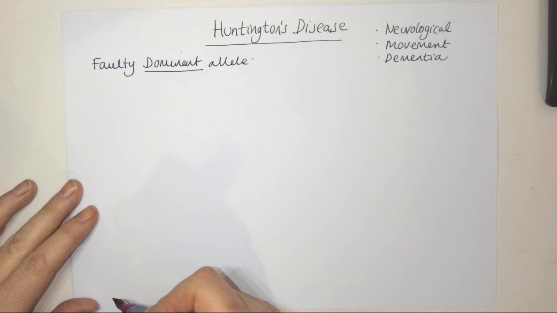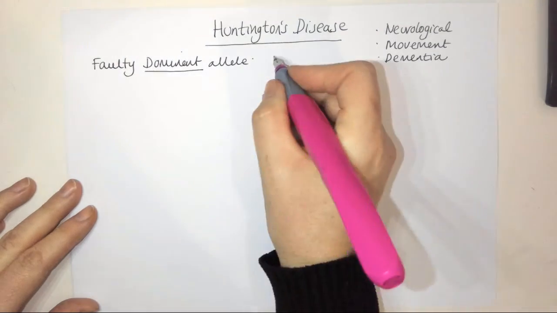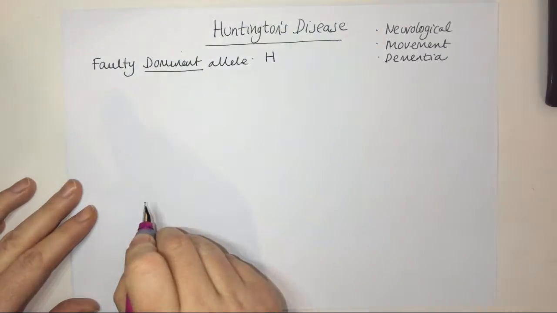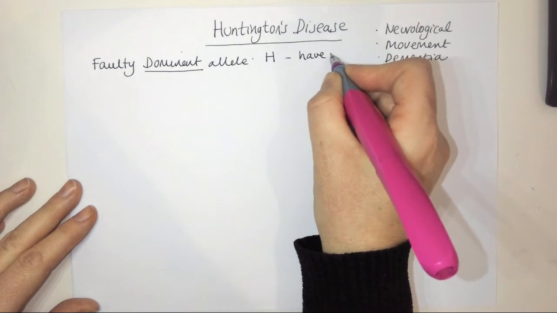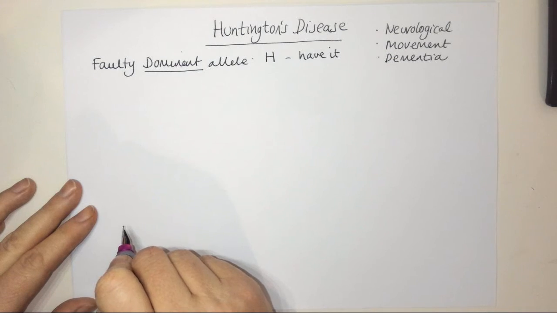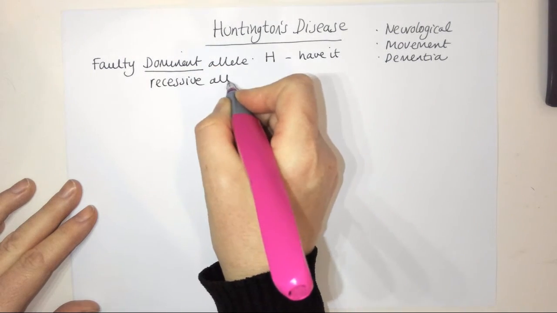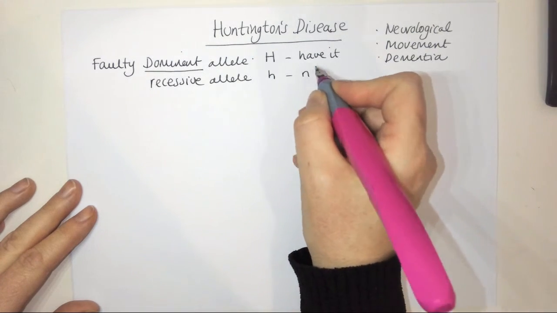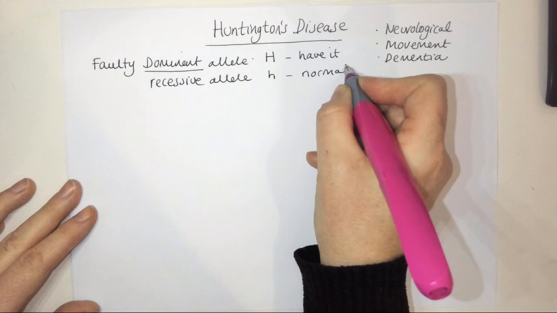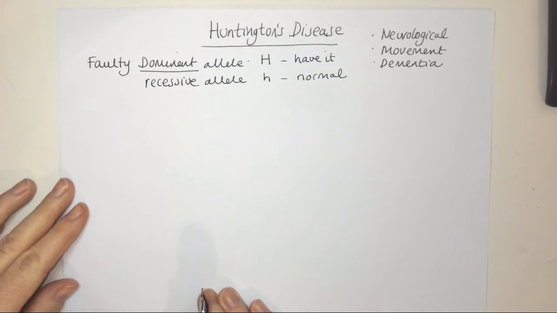This means that if we're going to assign some letters, let's assign the letter H. The dominant allele, capital H, means that you have the condition. And if you have the recessive allele, little h, then that means you don't have the condition. So we're going to write normal. It's a normal condition for that particular protein that causes the problem.